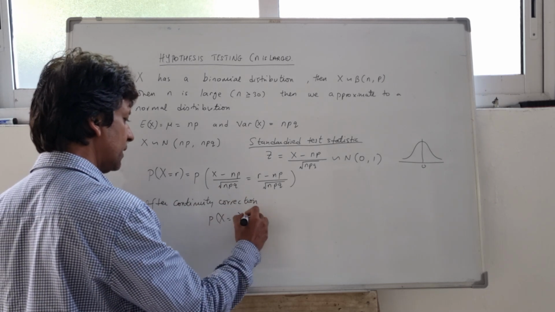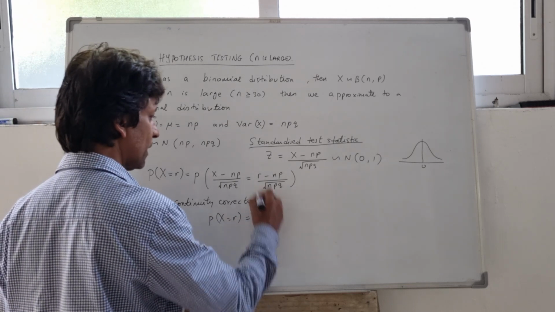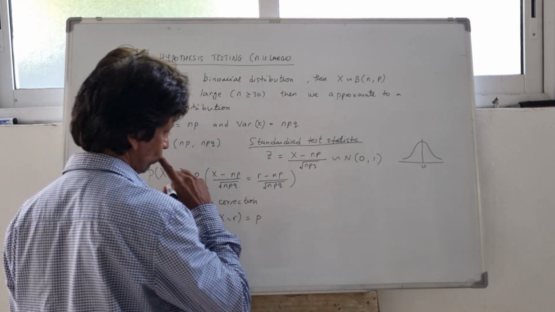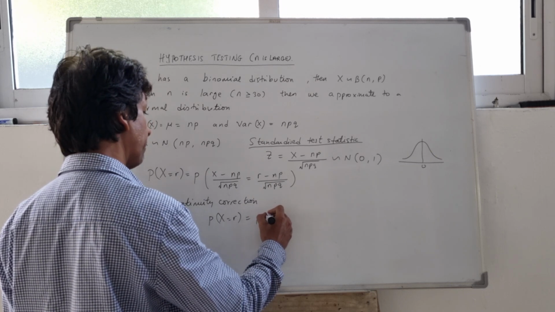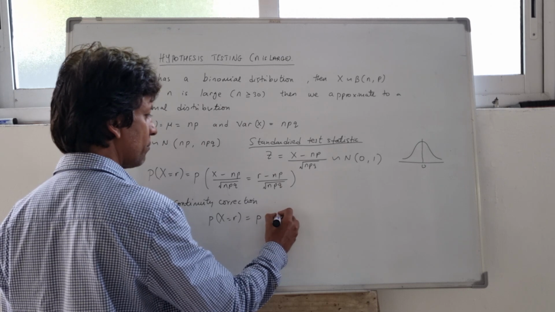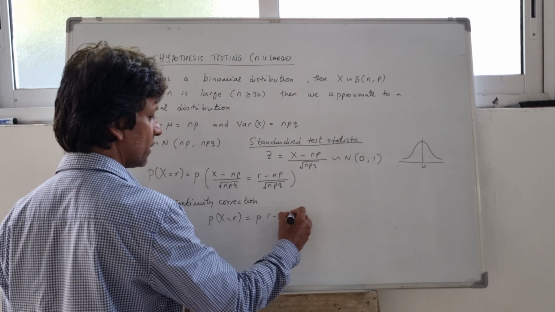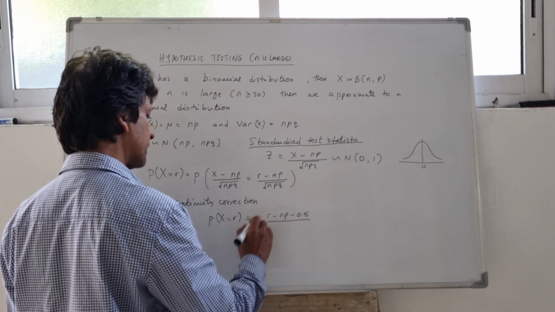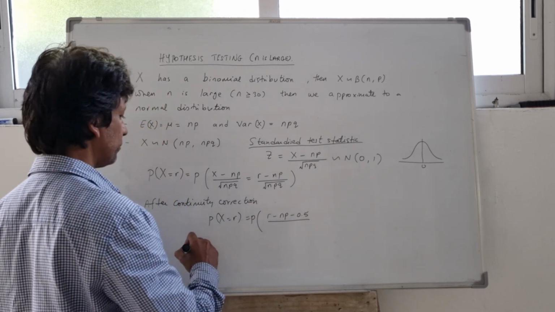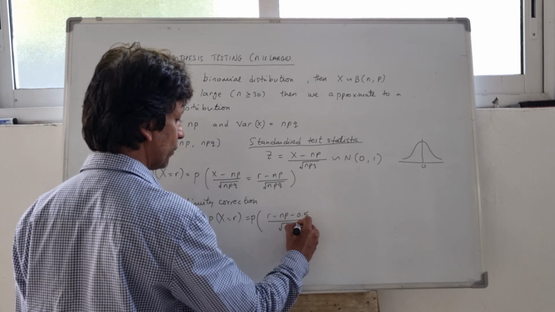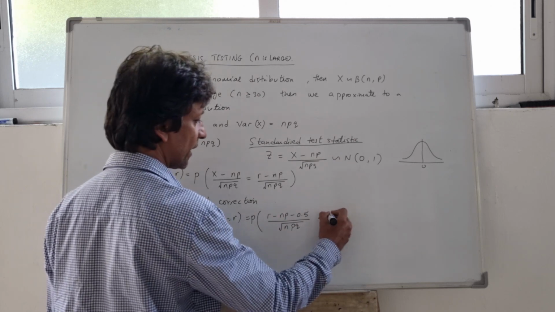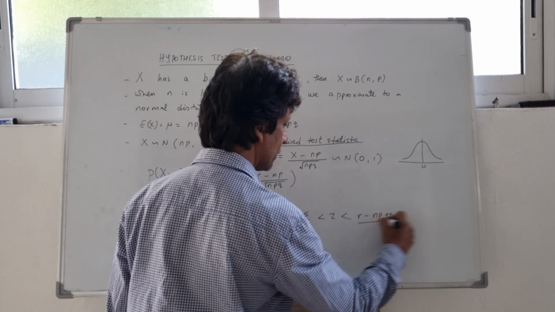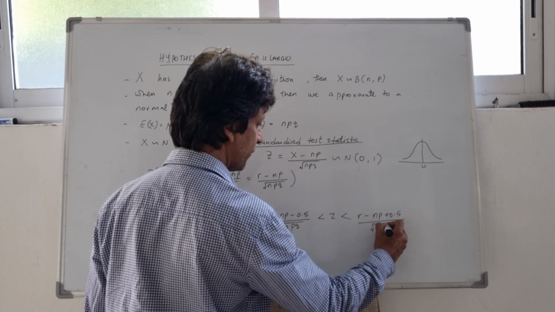The probability of x equal to r is going to equal the probability of z between r minus np minus 0.5 over the square root of npq, and z less than r minus np plus 0.5 over the square root of npq.